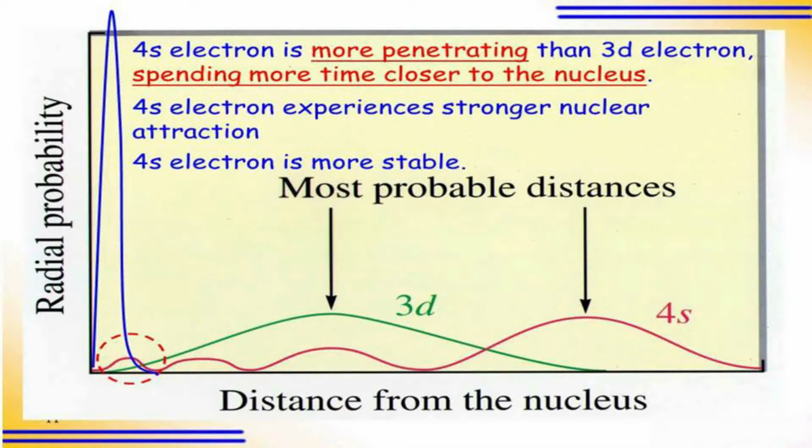Now I ask you a question: if you want to remove an electron, which electron will you remove first? Electron from the 4s orbital or electron from the 3d orbital? At that time you say electron from the 4s orbital. Actually the electron in the 4s orbital has less energy. Then how can you remove it first? First the higher energy electron should go, no?